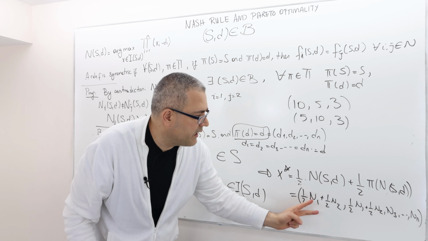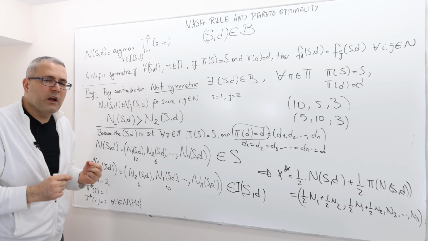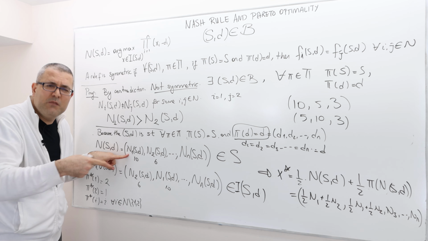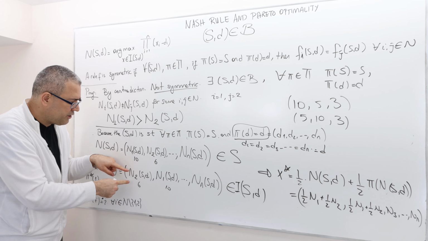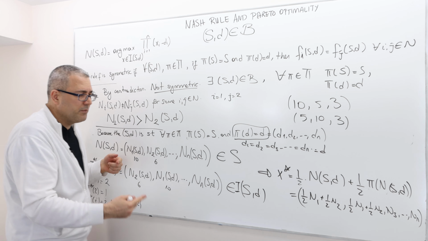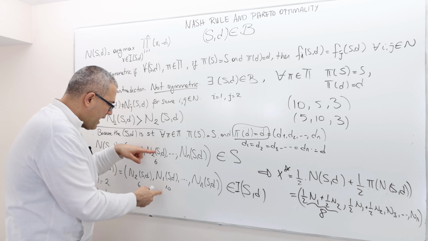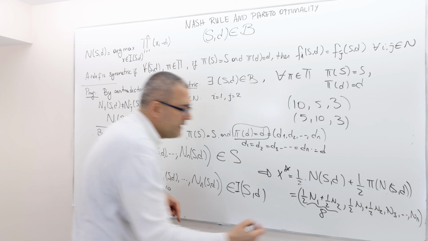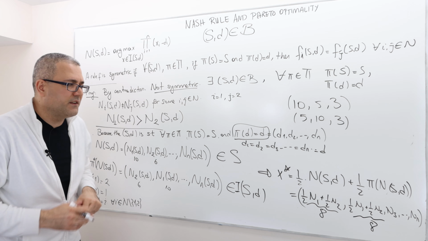So I am just taking the convex combination of the first two guys' payoffs. Why do I do that? Remember, this was 10 in my simple numerical example. This is 6. So the convex combination is 16 divided by 2, 8, the first guy's payoff. And this is 6 plus 10, 16, 8. And everything else is the same.